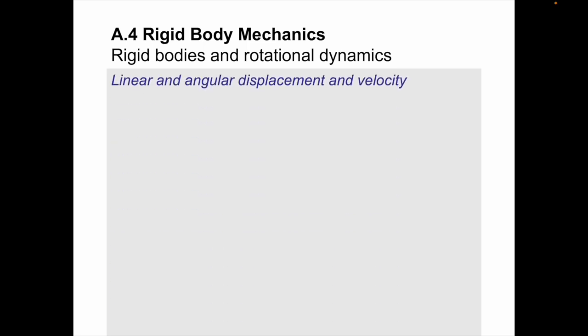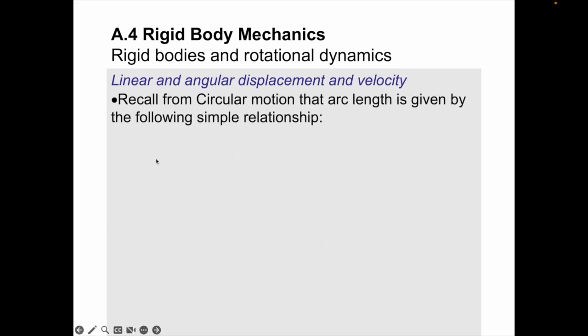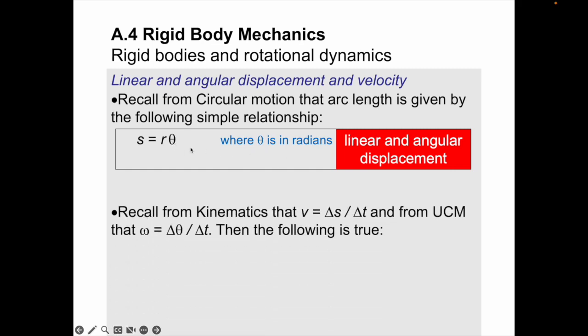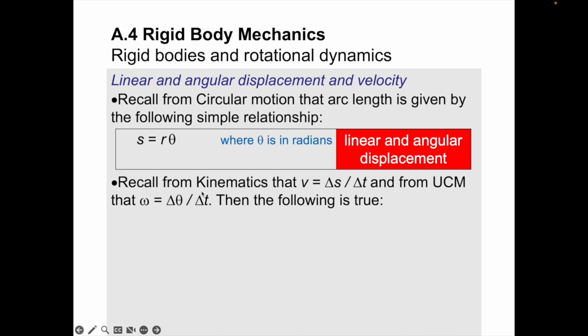So let's jump into this a little bit and talk about linear and angular displacement and velocity. We're going to look at the rotational dynamics of it, which means that we have our displacement s equal to r times theta, where theta is in radians. If you've looked at circular motion already, you'll know that theta has an analog. From kinematics we have velocity equal to the change in distance over time.